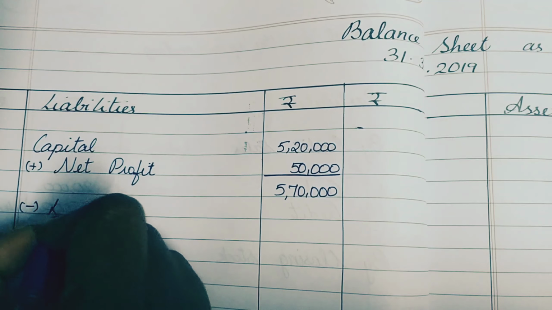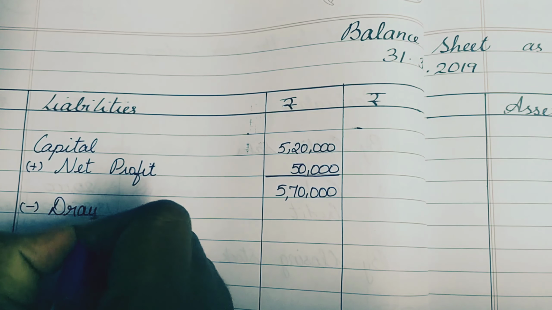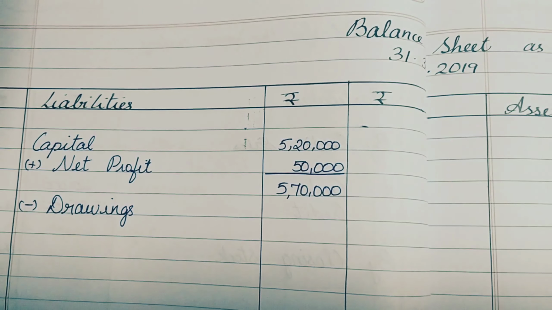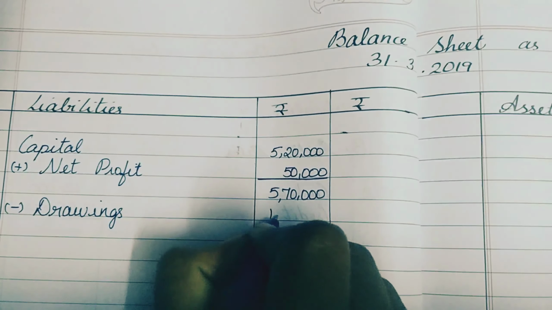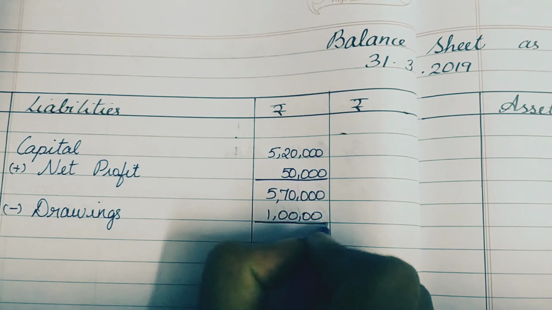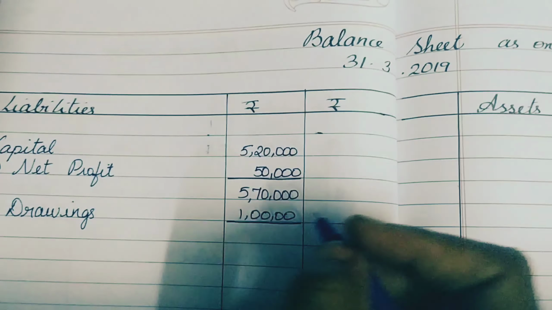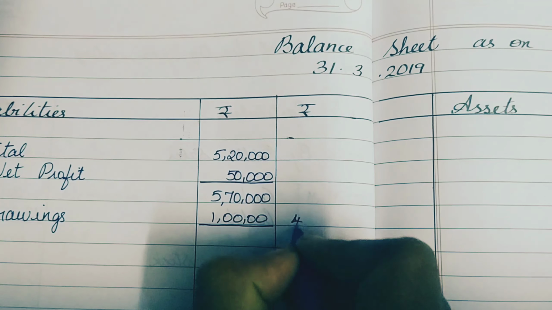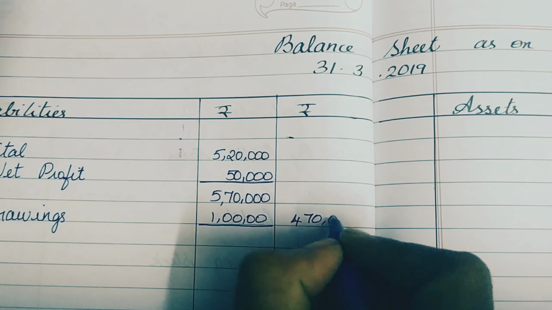So the drawings have to be subtracted from the capital. Drawings of rupees 1 lakh have to be subtracted. For that case, I've written the values in the inner column. After this, I do not have any deletion or anything relating to the capital, so I can write the value of the capital now in the outer column.